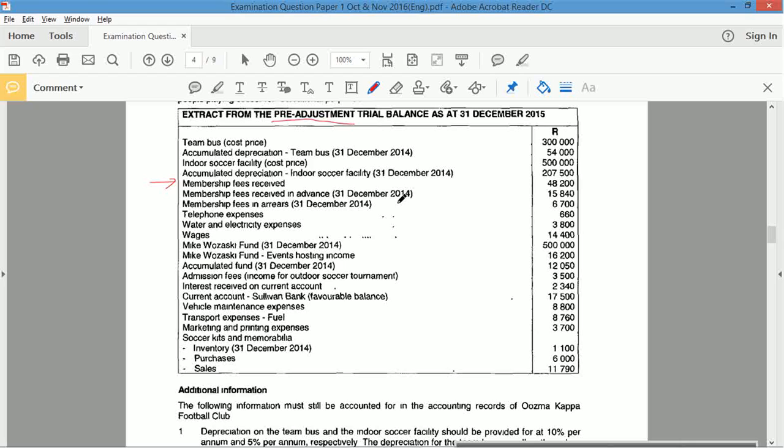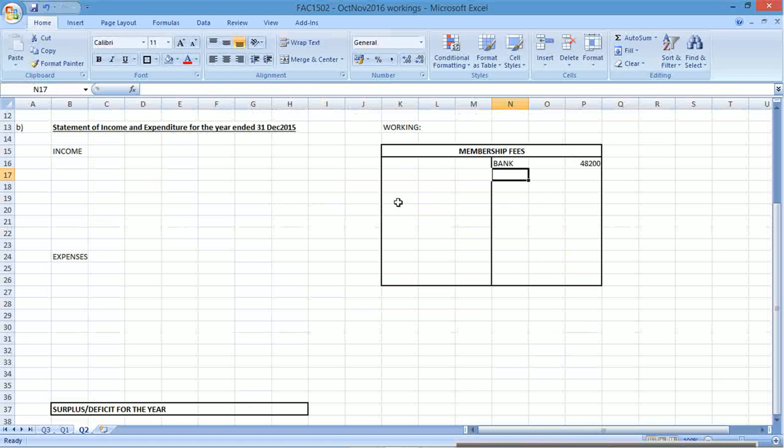I debit the liability, so I'd have to credit the membership fees this year, because last year's income received in advance is this year's income. So last year's membership fees in advance, 2014, is this year's membership fees.